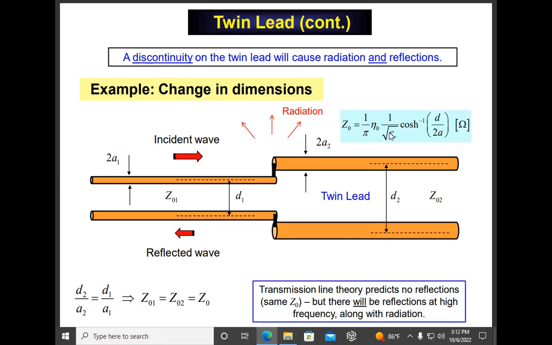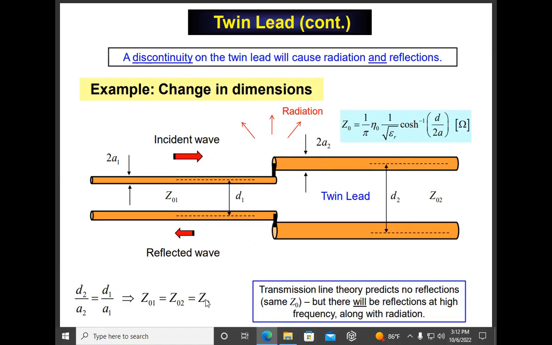I just want to point out one thing about the formula. The important thing about it is D over A, that ratio. D is the spacing between the wires, A is the radius of the wires. Now, what if I have a fatter twin lead and a skinnier twin lead, but I keep the ratios the same? If we're line 2 or line 1, D over A is the same. That means we have the same characteristic impedance, right?